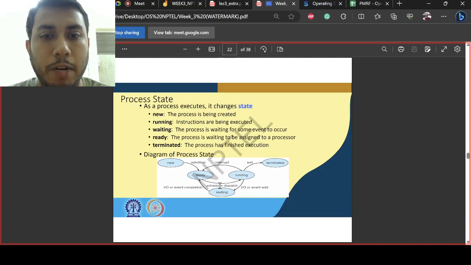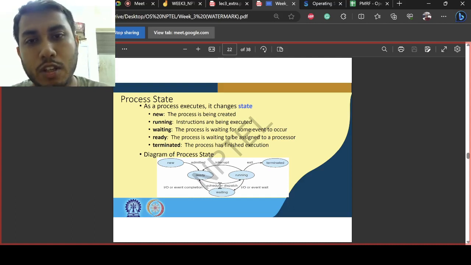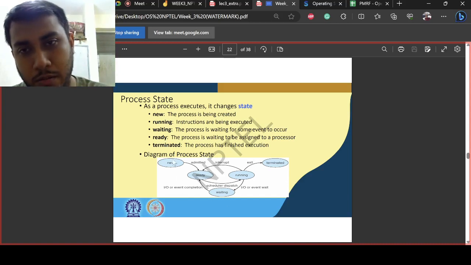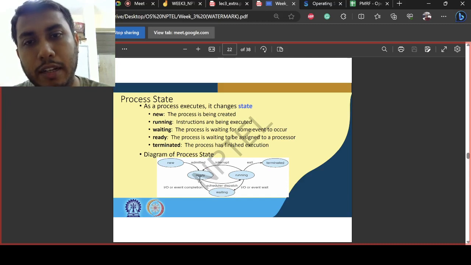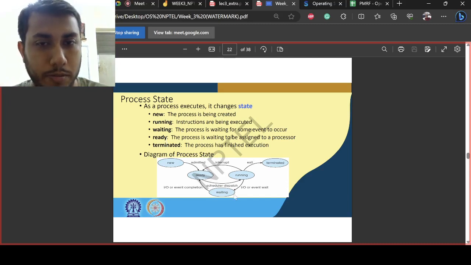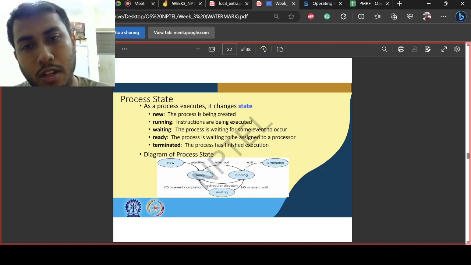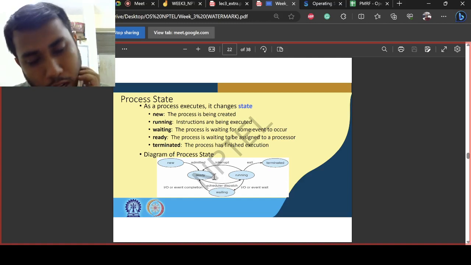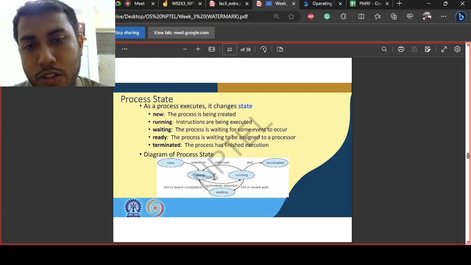What do you mean by scheduling here? Basically, in the ready pool there are lots of processes that have been created. Pool in the sense, let's say, a group. So there is a group of processes here. Now the scheduler, the CPU, the OS decides which next process will be executed by the CPU.